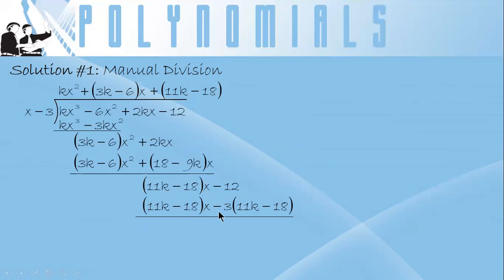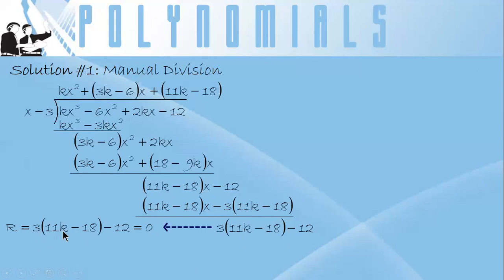Negative 12 minus this: it becomes plus because minus negative. Tapos minus 12. We equate this to 0 because it's a factor. So this one equate to 0.